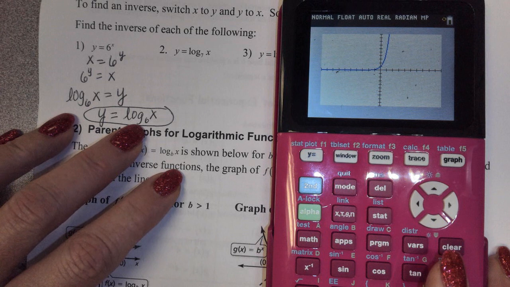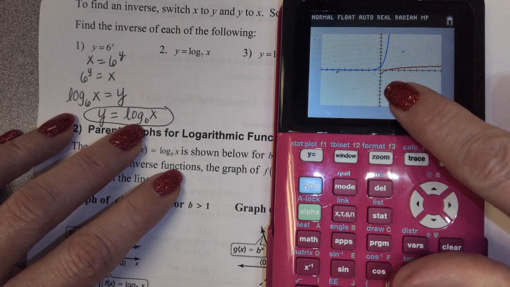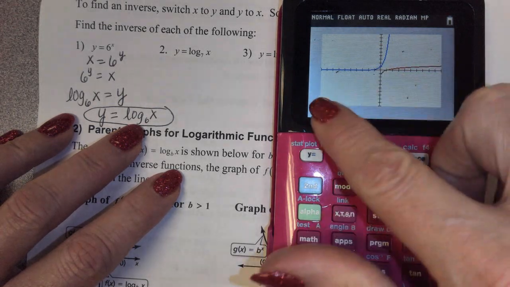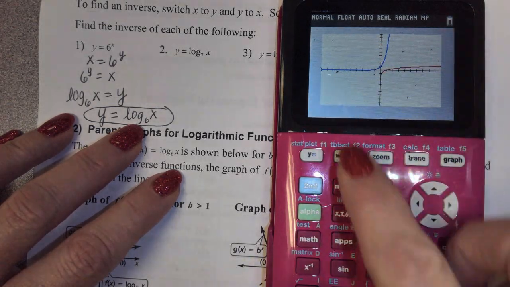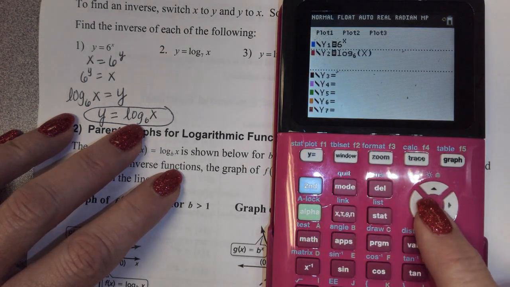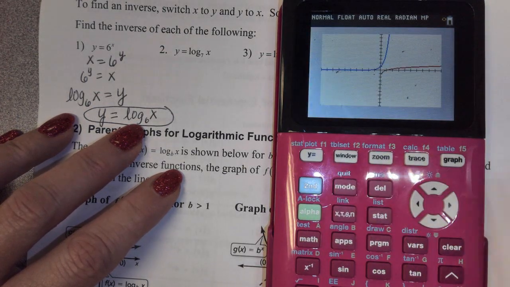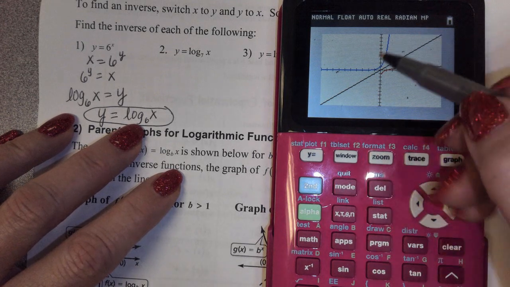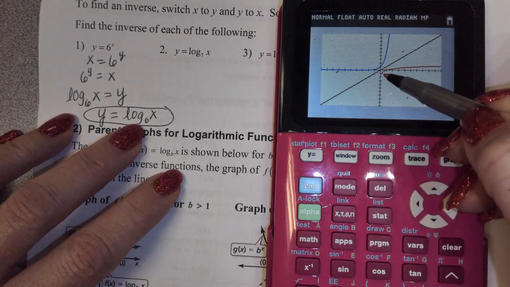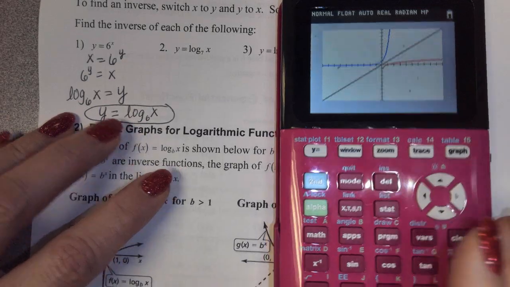It's exponential growth. Here's my next one. It's a log function. And it actually keeps continuing down like this. Can you see how they are inverses? Anytime it's a reflection over the line y equals x, that means that they're going to be inverses of each other. And this one would be. Remember, this keeps going down. The calculator doesn't show it, but it does.